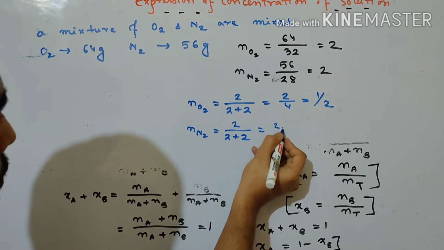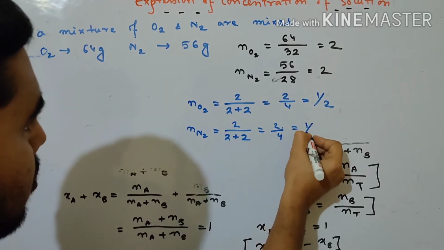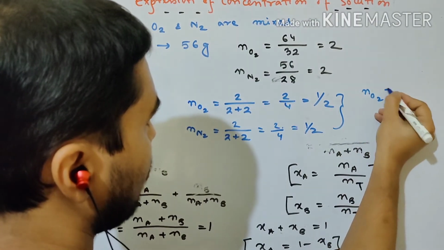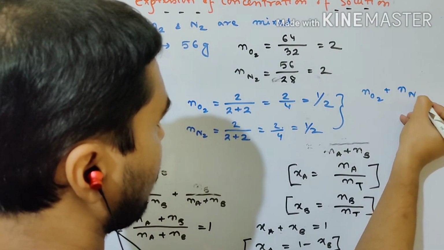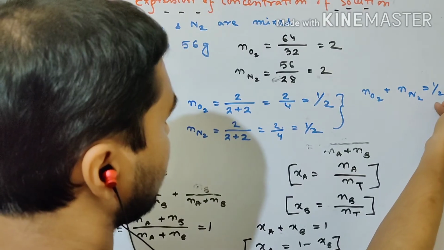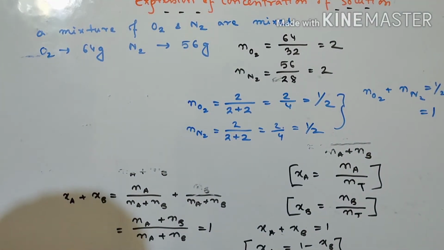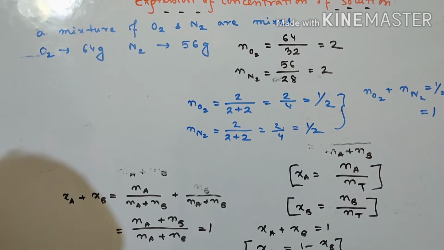So it should be 2 by 4, which is 1 by 2. And of course, if you add these two, the mole fraction of nitrogen and the mole fraction of oxygen, you will get half plus half, which is equal to 1. So we have proved that the sum of the mole fractions of two components or three components, whatever it is, should actually be equal to 1.